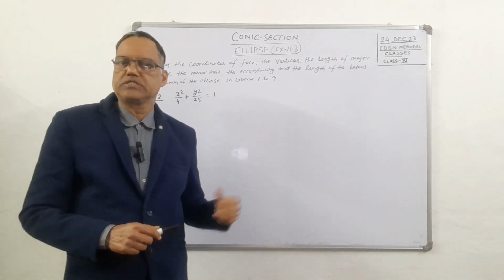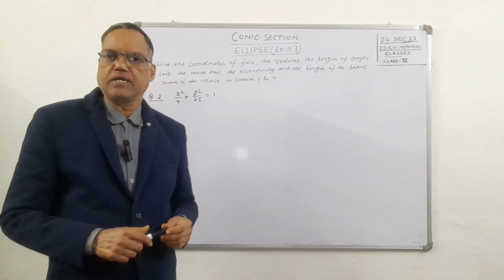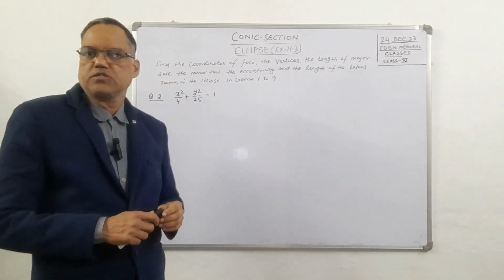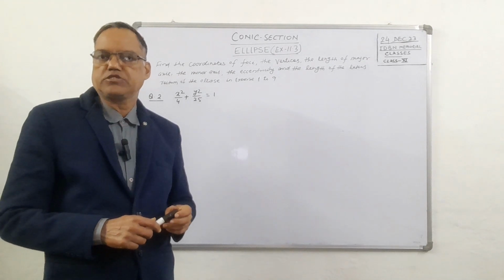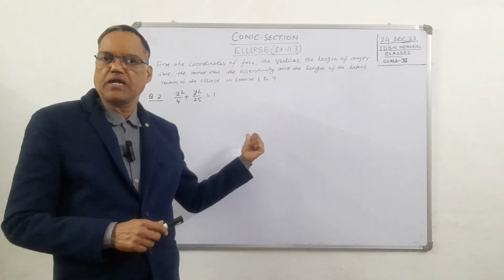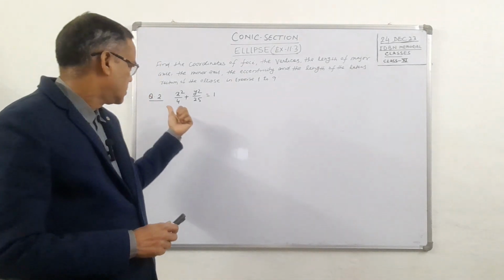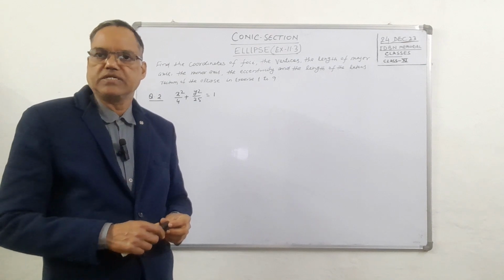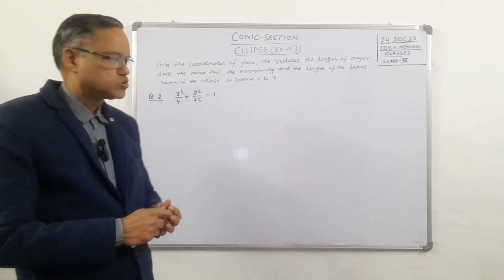Therefore the foci of this ellipse will also lie on the y axis. Now this equation is of which form? x square by b square plus y square by a square equal to 1. So from this we can calculate the value of b and a, and thereafter we'll find the value of c. Just see how we'll solve this.